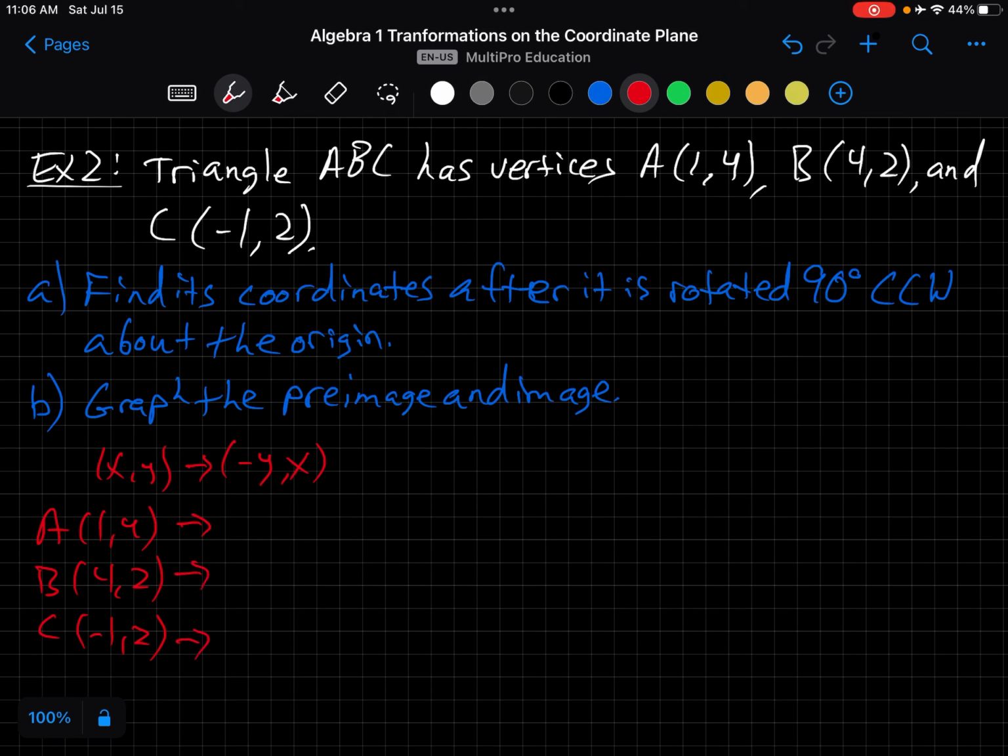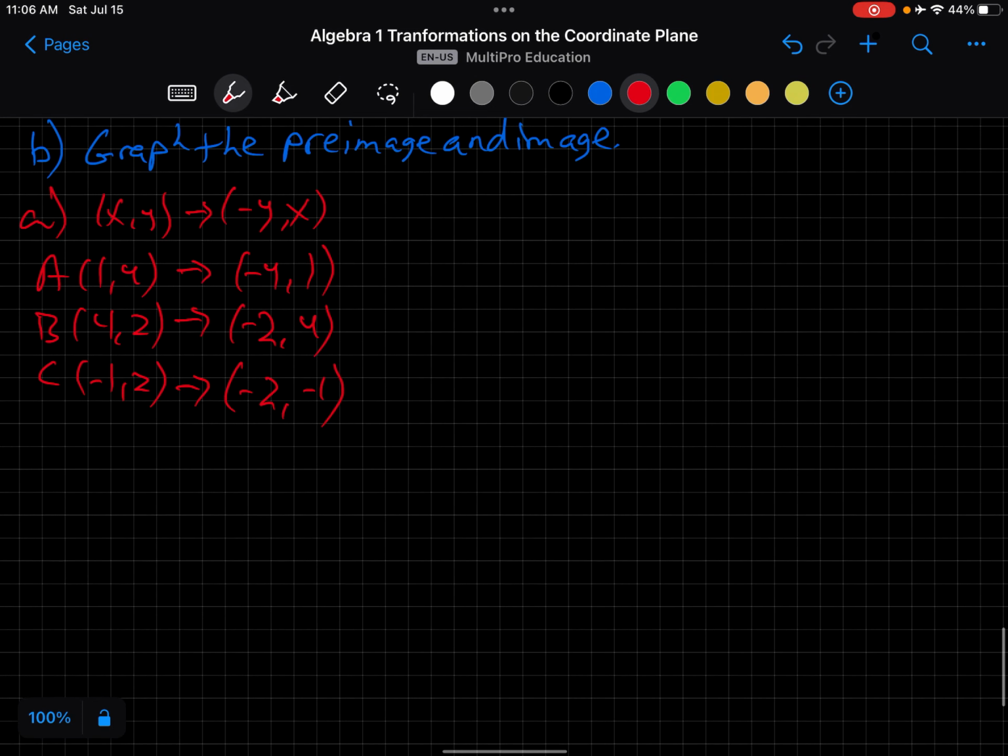Okay, so we got to translate this. So this becomes minus 4, 1. And this is minus 2, 4. And this is minus 2, minus 1. We did it. That's part A of the problem. Great job. Now all we have is part B.